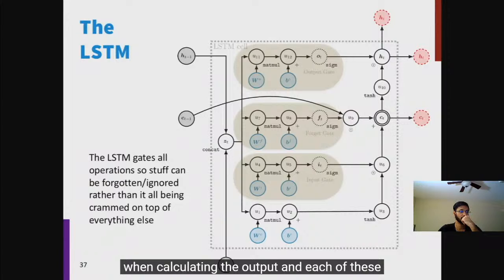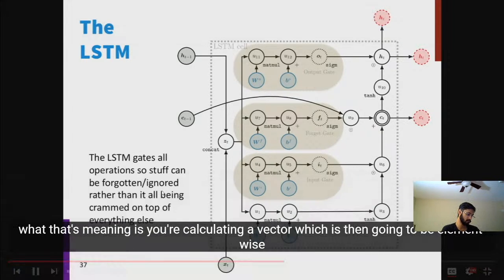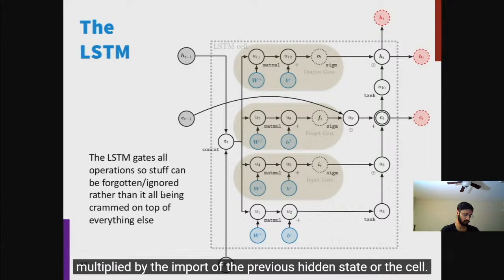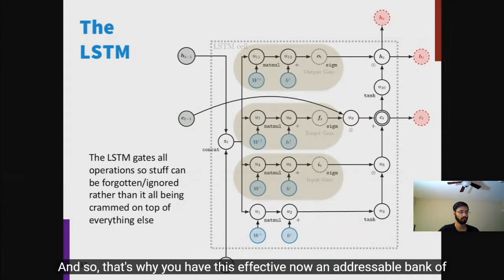When I say forget or ignore parts of, what that means is you're calculating a vector which is then element-wise multiplied by the input or the previous hidden state or the cell. And so that's where you have this effect of an addressable bank of registers where you can use some of them but not others.